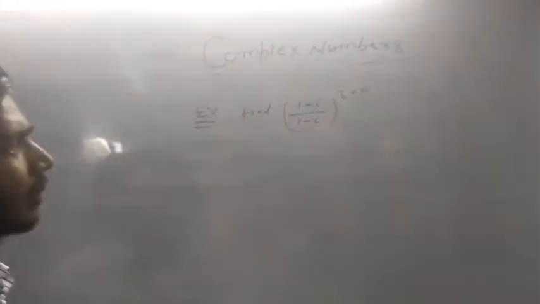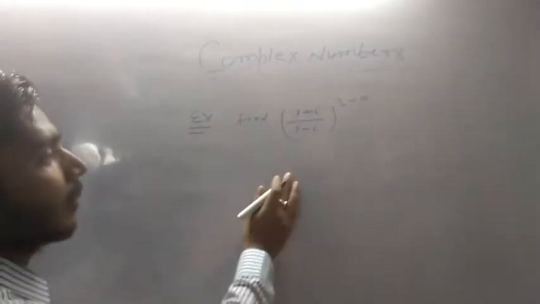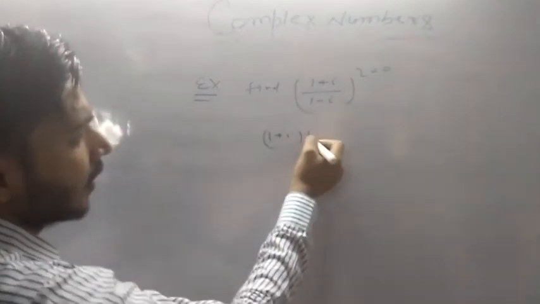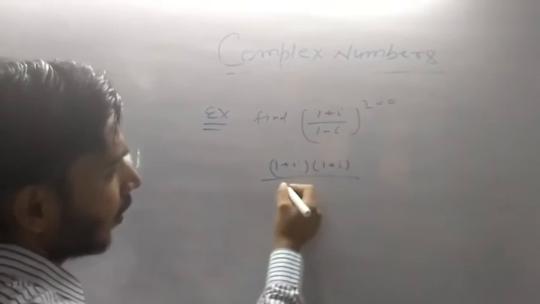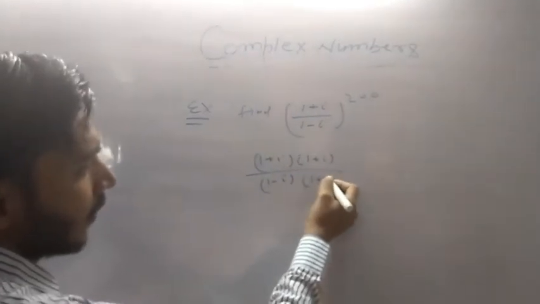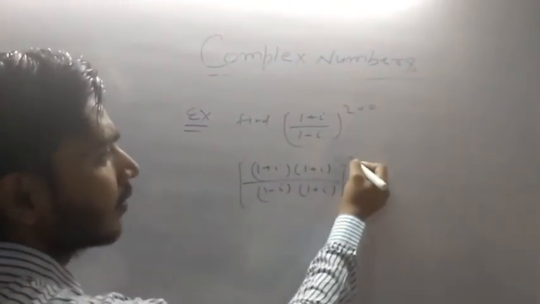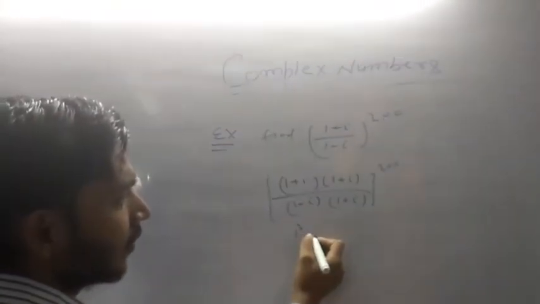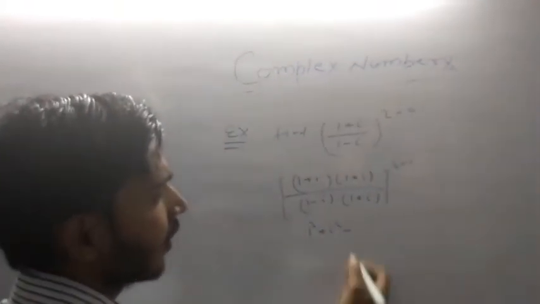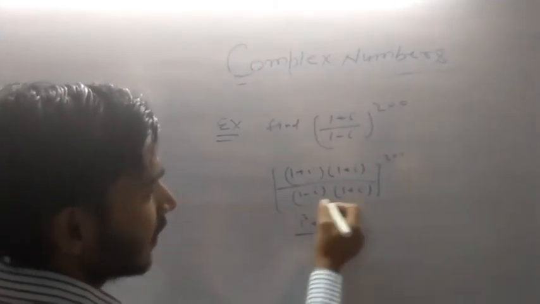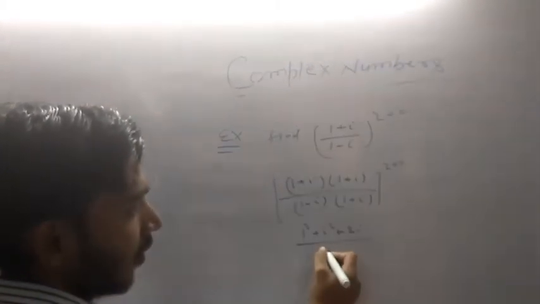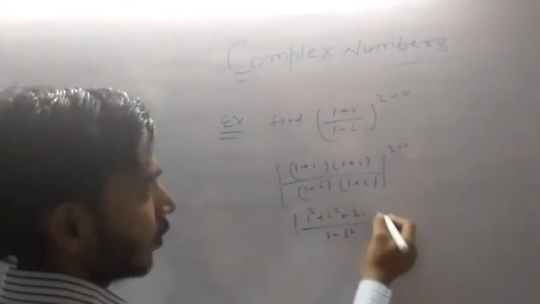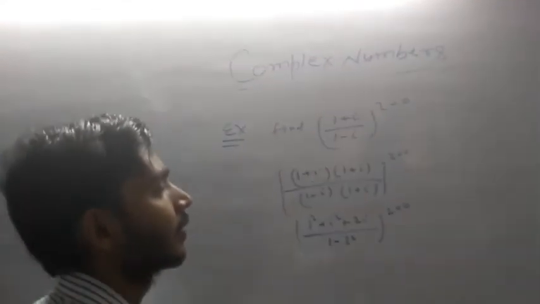Like to find ((1 + i)/(1 - i))^200. You can multiply (1 + i) into (1 + i) upon (1 - i) into (1 + i), to the power 100. This is (1 + i^2 + 2i) over (1 - i^2), to the power 200.